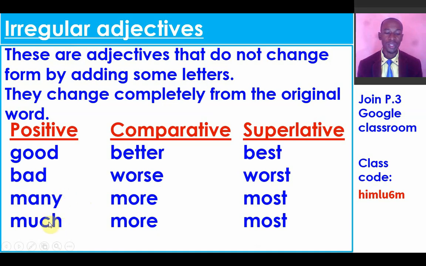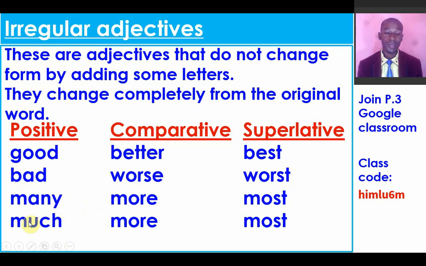Now let me talk about these ones. Many and much are almost the same when it comes to what they mean, but the use is different. We use many when talking about countable nouns. Like you may say, I have many books. I saw many animals in the zoo. Those ones we can count.